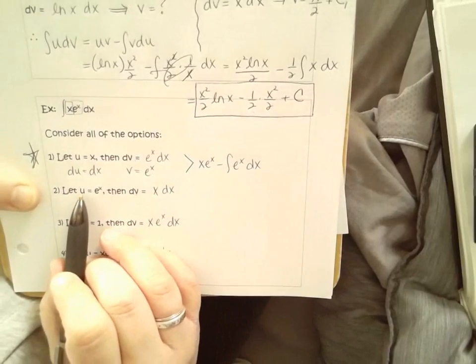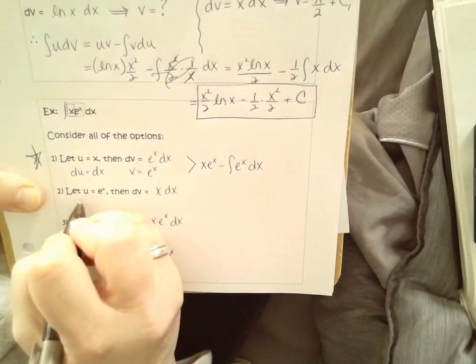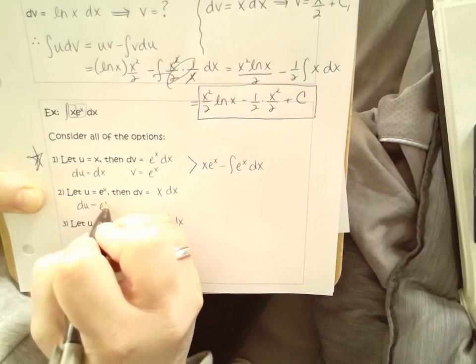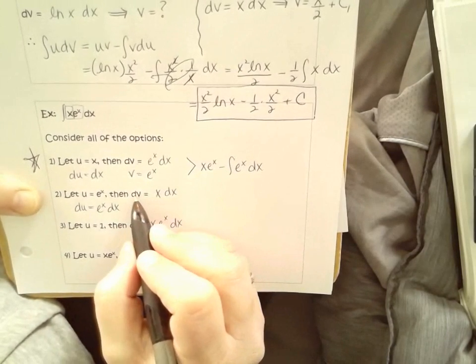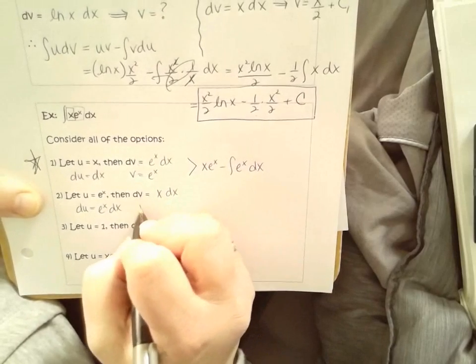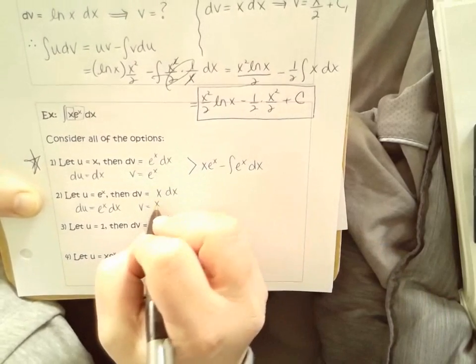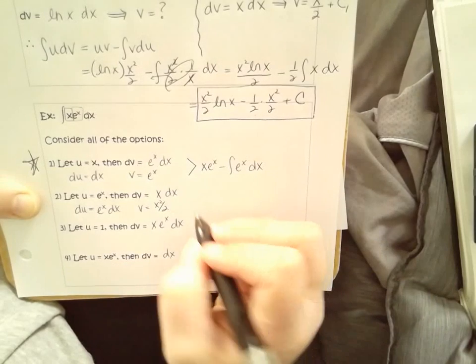From the beginning, if u is e to the x, then the corresponding du would be e to the x dx. If dv is x dx, then v, the integral of that, would be x squared over 2.